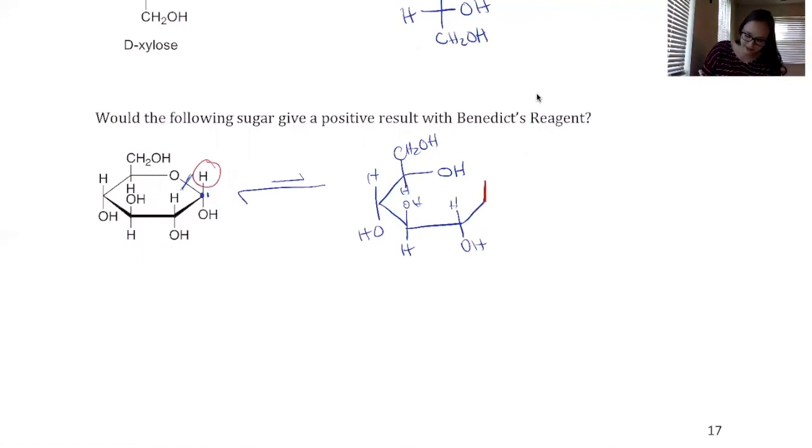So I'm going to draw that same hydrogen in. And then this alcohol that was at C1 is going to turn into my carbonyl. So I'm going to draw a carbonyl to an oxygen. So now we can see that we have an aldehyde with an adjacent hydroxyl. So yes, this will have a positive Benedict's test.